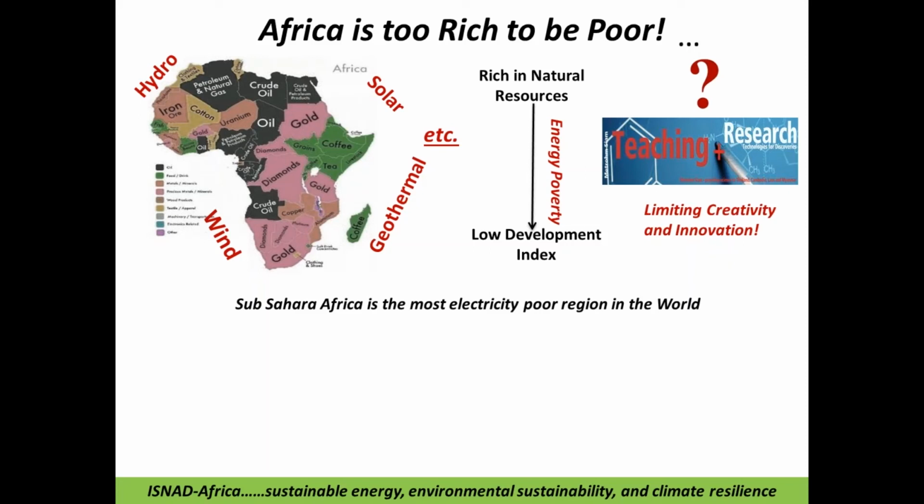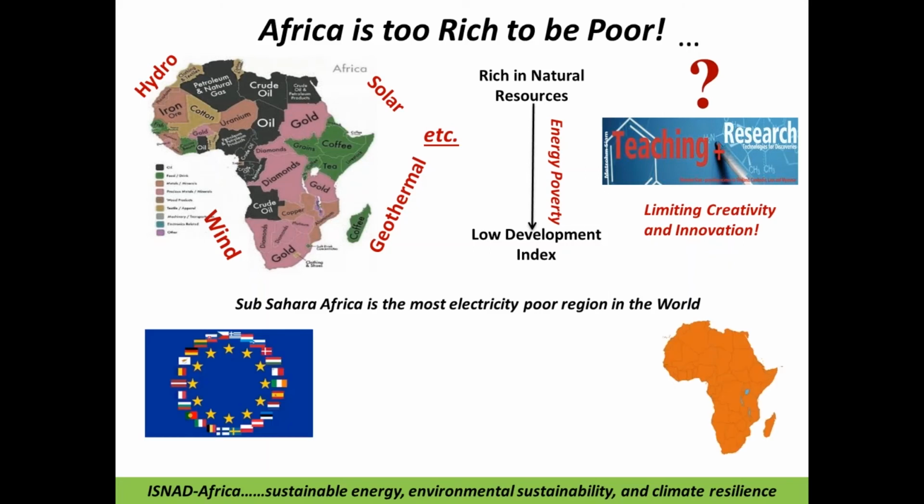But unfortunately, Africa, unlike some developed countries, for instance in Europe, where you find that they have been able to upgrade their educational and research facilities and systems to raise new and updated sustainable energy professionals and researchers. Many of us know that European countries have limited sustainable energy resources compared to Africa.